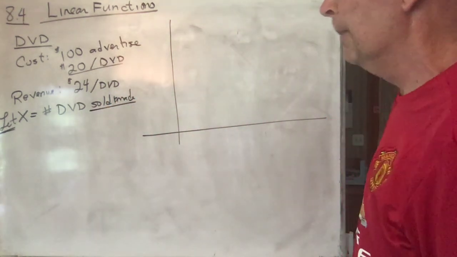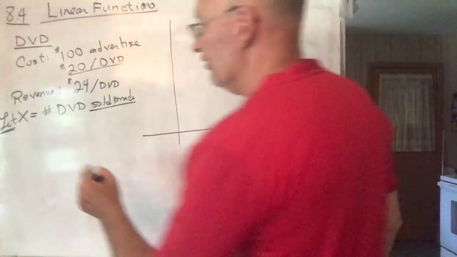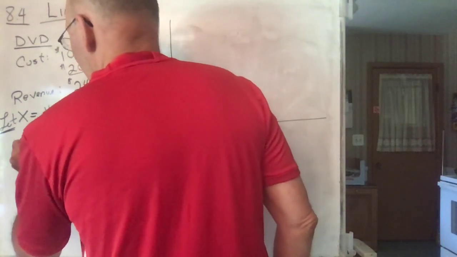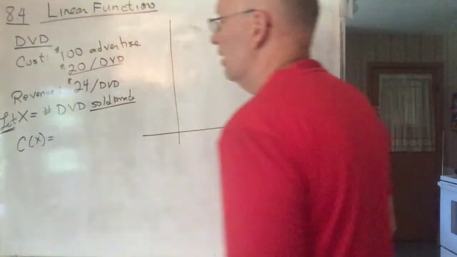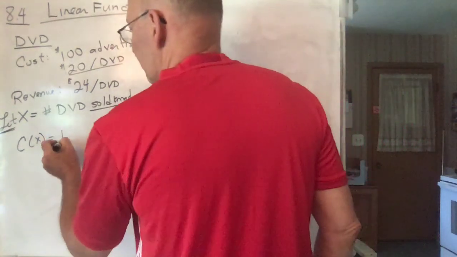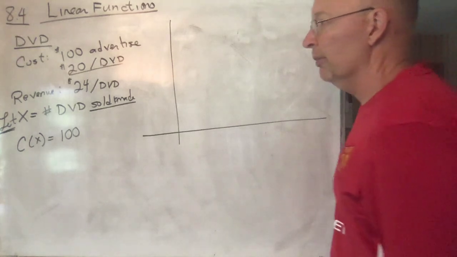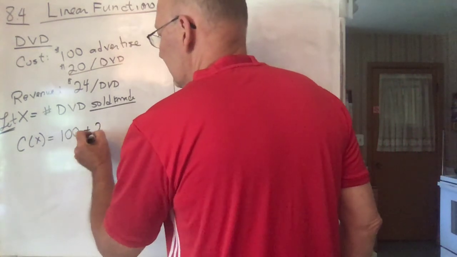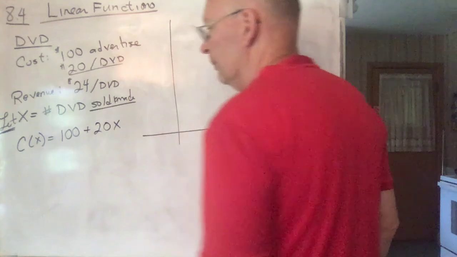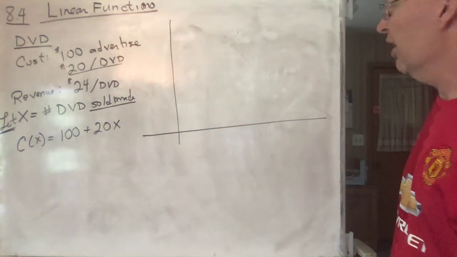So anyway, what's the cost going to be? What's the cost as a function of X? You're going to spend $100 whether you make any DVDs or not. Agreed? So that's going to be $100. And then for every DVD, it's going to be another $20. So that's going to be the cost.